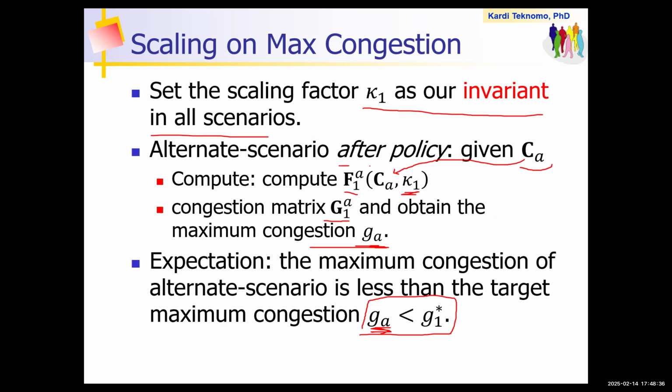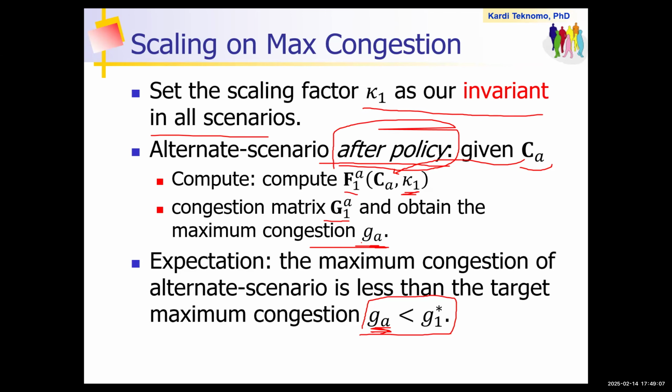The main part is actually the policy, the human part. This is the part that makes you an urban planner or transport planner. Then the computation is just plugging in, and you check whether this is better or not. That's the whole thing.